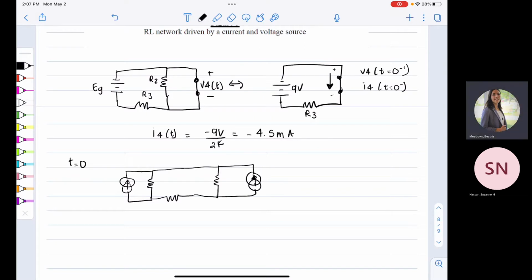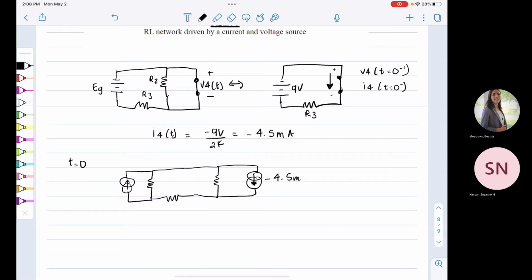Okay, and what's the value of this current? Right. And the current's going down because that's the direction I chose, okay? Make sense? Okay. So then we have our resistors.